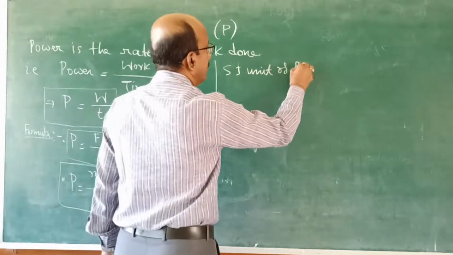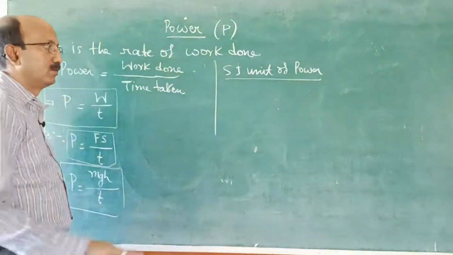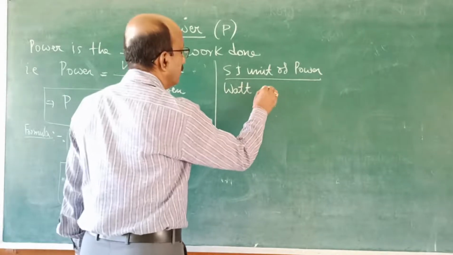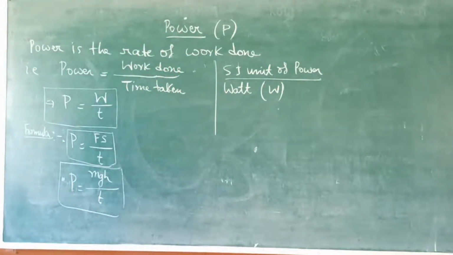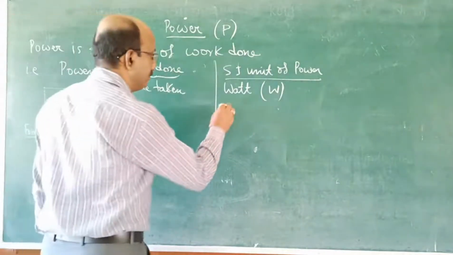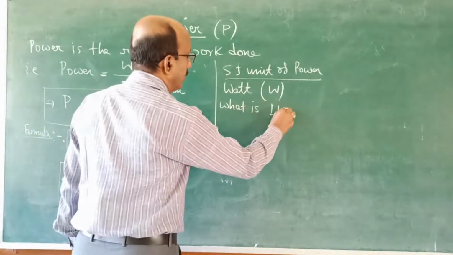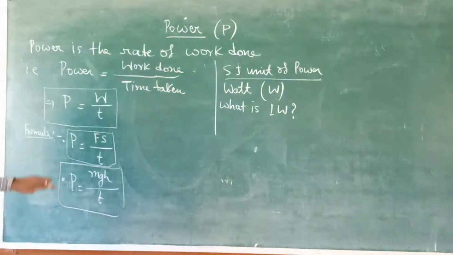SI unit of power. It is watt. Symbol is W. See, what is 1 watt? Look into this formula.